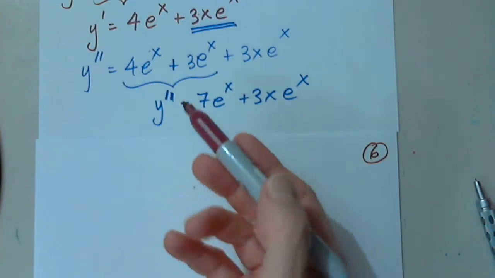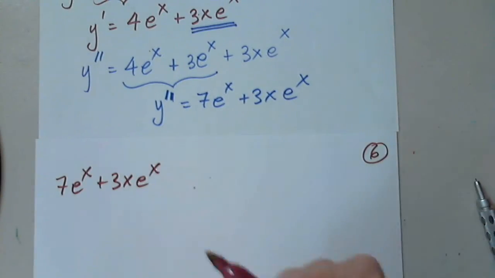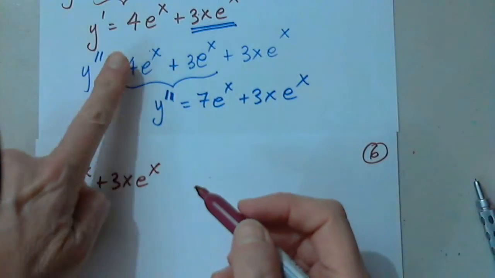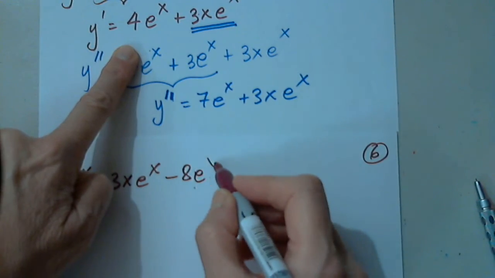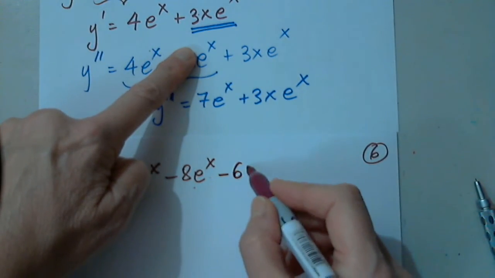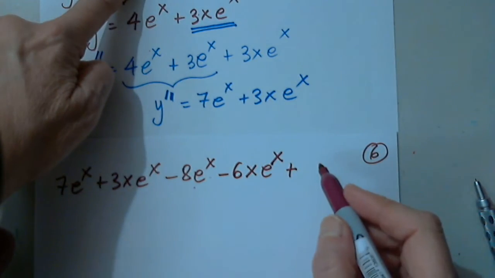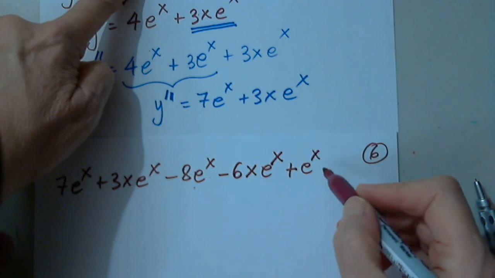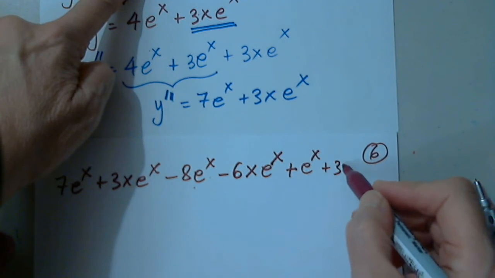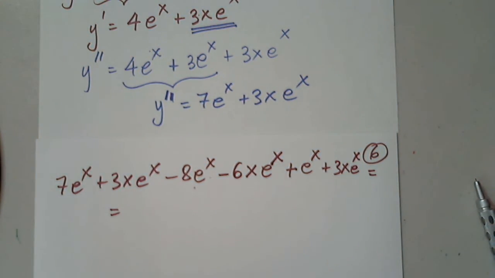So the second derivative, 7 e to the x plus 3x e to the x, minus 2 times this. 2 times this is minus 8 e to the x minus 6x e to the x, and plus the original function, which is e to the x plus 3x e to the x. And you know I always run out of room. That's my legacy.